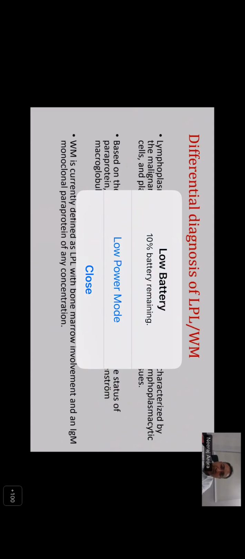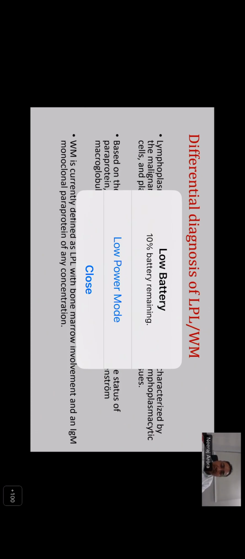Next slide. CD5, CD10, CD23, and cyclin D1 were done to rule out CLL with plasmacytic differentiation and mantle cell with plasmacytic differentiation. So basically, you were dealing with a lymphoplasmacytic lymphoma based on the infiltrate, which is CD20 positive and CD138 positive, with varying intensity.